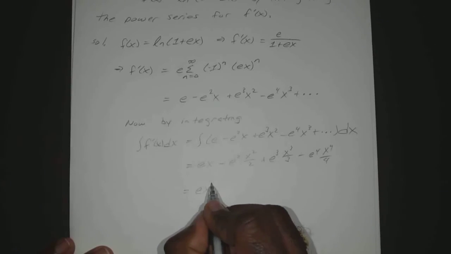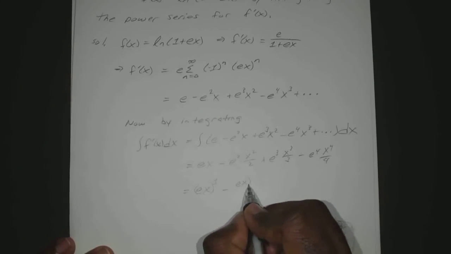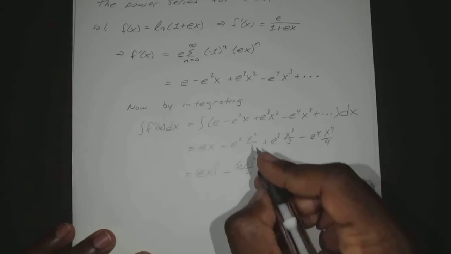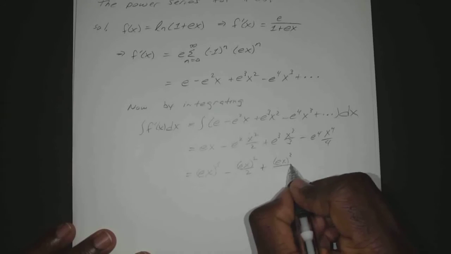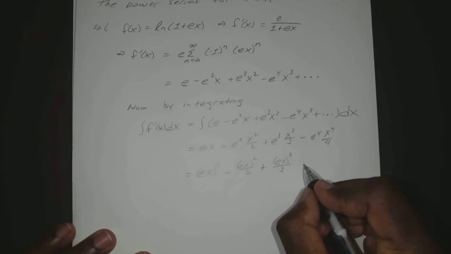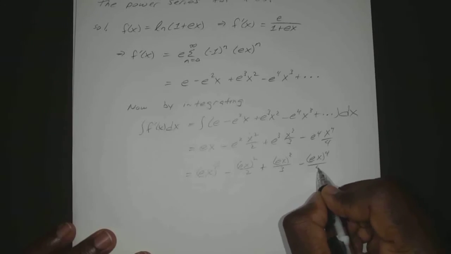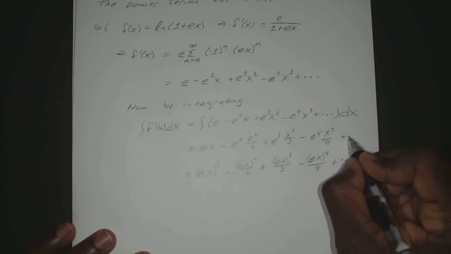So you have e times x to the first, minus e times x squared over 2, plus e times x to the third over 3, minus e times x to the fourth over 4, plus so forth, so on, and so on.